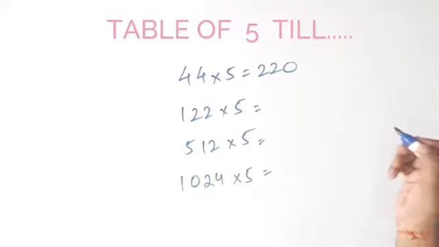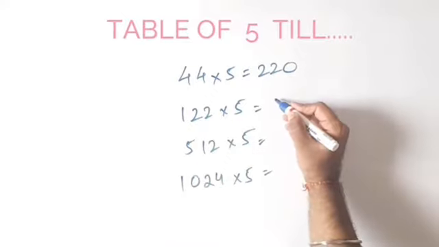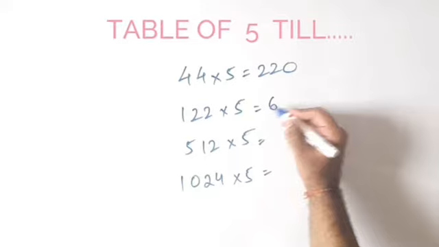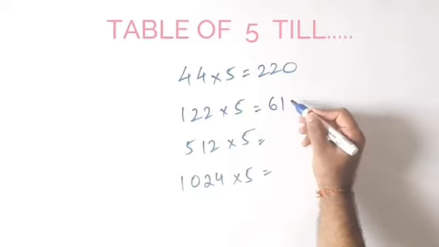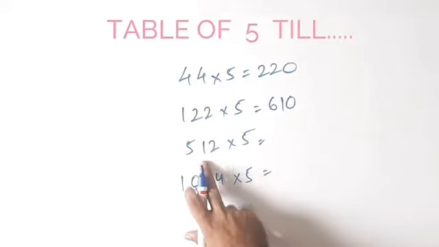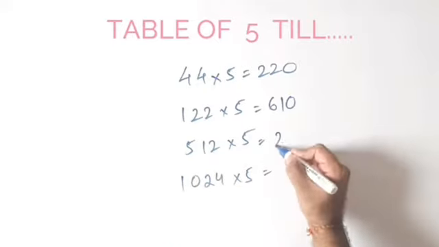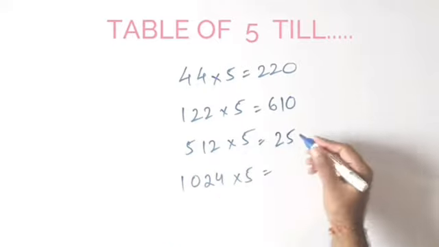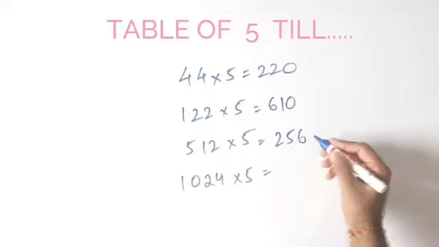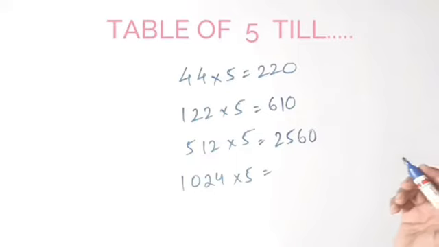If you can tell me half of 122, I know half of 120 is 60, so half of 122 will be 61, and just put a 0 behind. Then half of 512. I know half of 500 is 250, so half of 12 is 6, so your answer will be 2560.